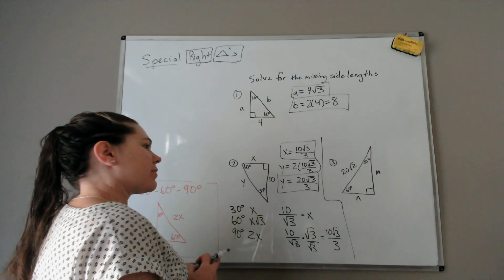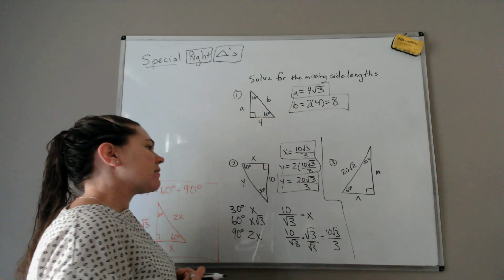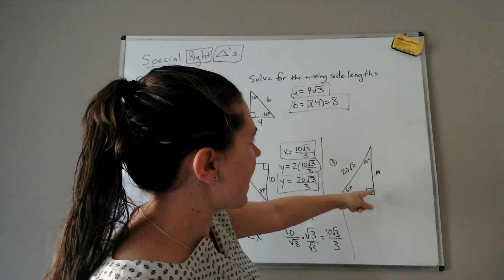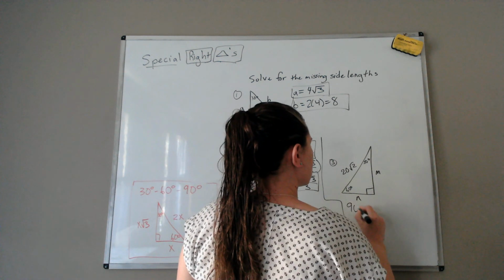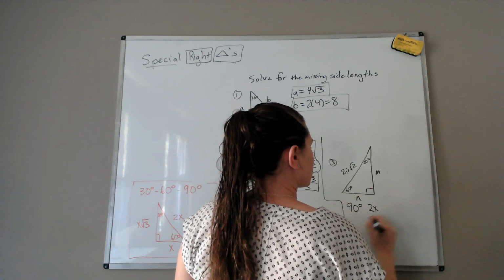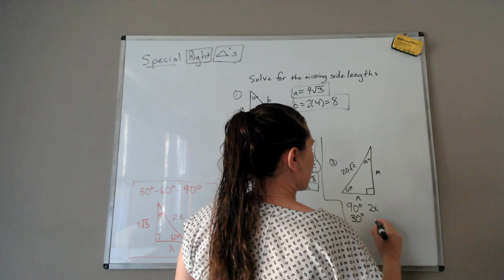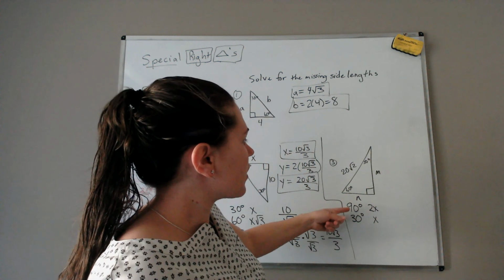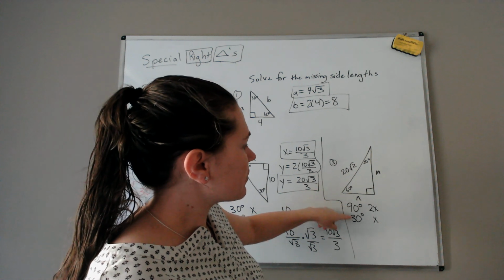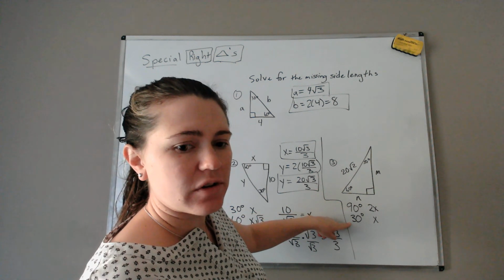Moving on to number 3, we have another 30, 60, 90 degree right triangle, and we have the length that's opposite 90. Remember, 90 degrees is 2x if we compare it to whatever's opposite 30. So if we have the 90 degree angle, how do we go to knowing what the 30 degree angle is?